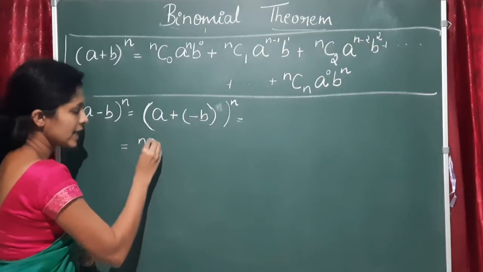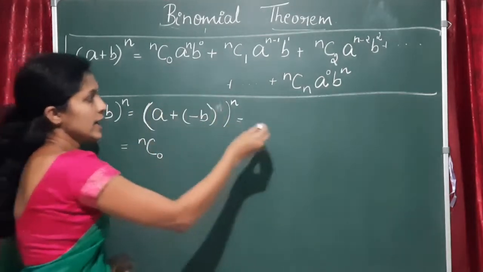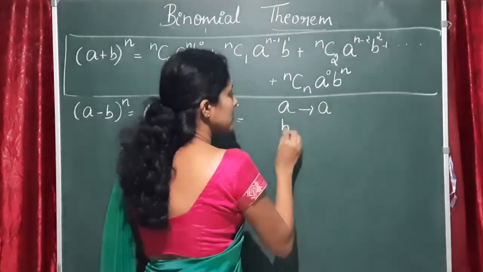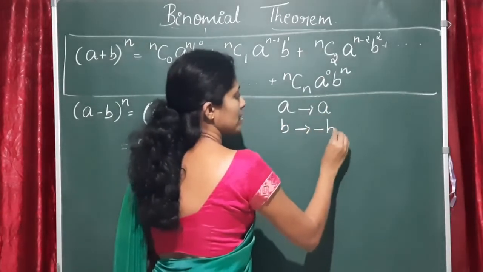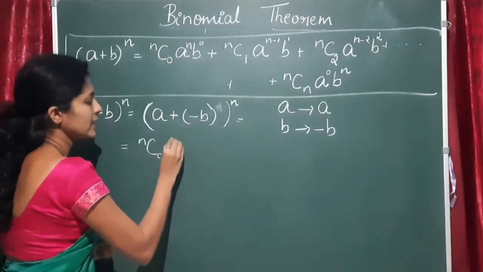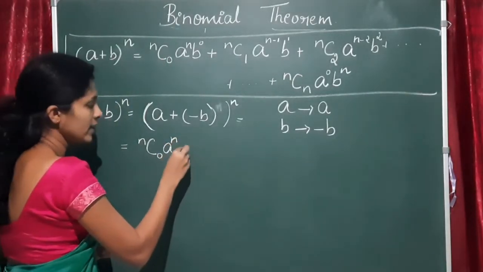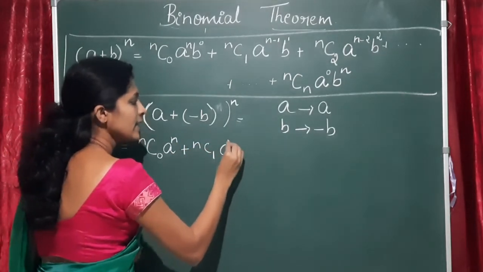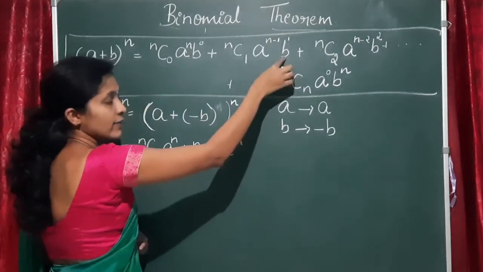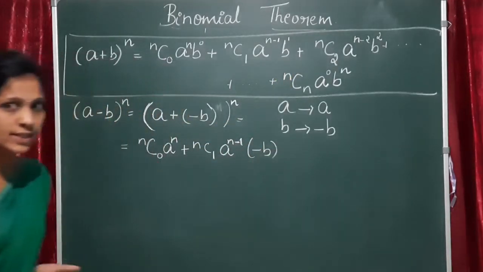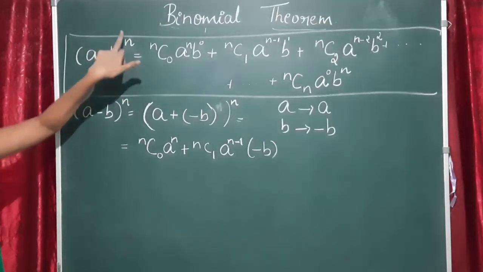That will be nC0. What are we going to do? A is A itself, but B is replaced by minus B. Yes, we'll do nC0 a to the power n, and b to the power 0 will be 1, plus nC1 a to the power n minus 1, and the value of b will be equal to minus b. Is it clear? See, this is the expansion form of (a plus b) whole to the power n.